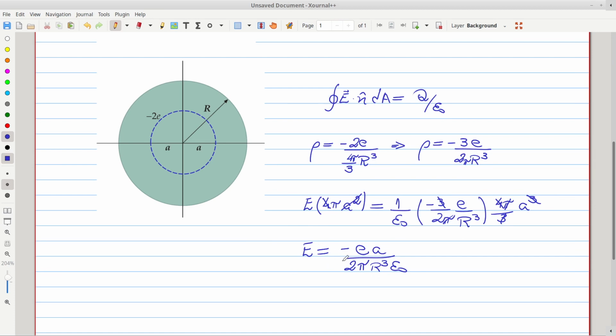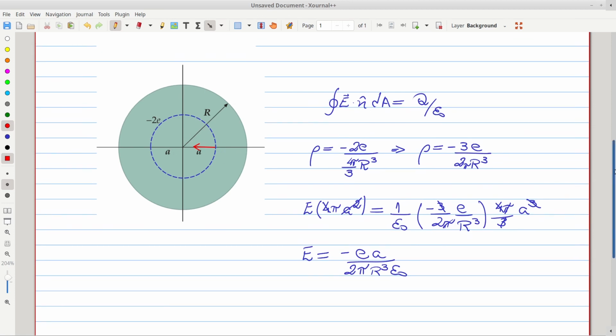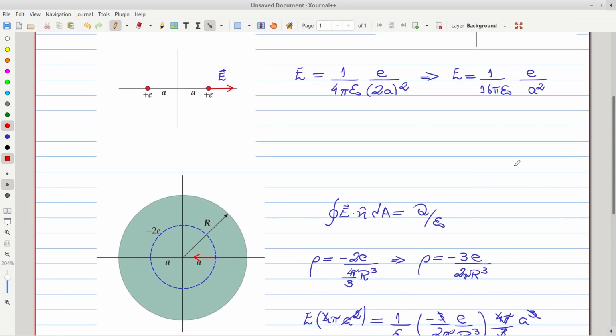So here we have the magnitude of the electric field. This electric field will point inwards because of the minus sign. So here we have the electric field pointing inwards.